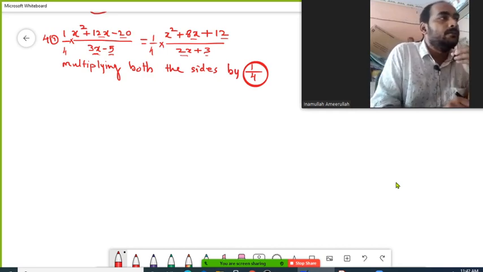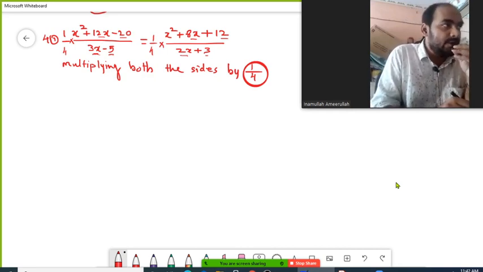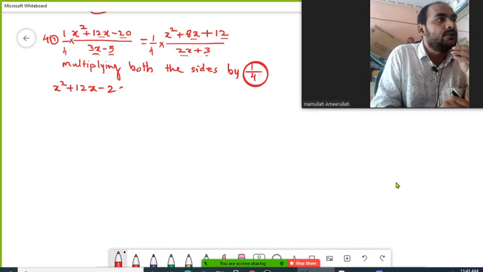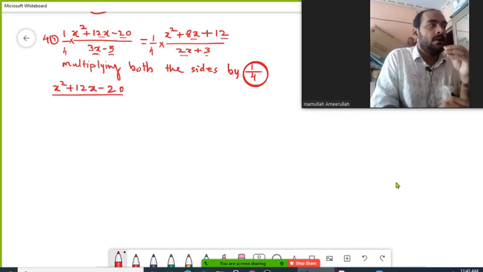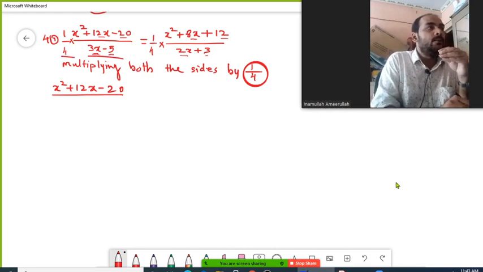So this numerator will remain unchanged. So I can write it x square plus 12x minus 20, because we are multiplying by 1, and the denominator will multiply with 4.